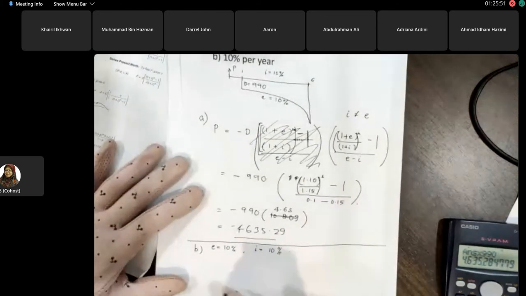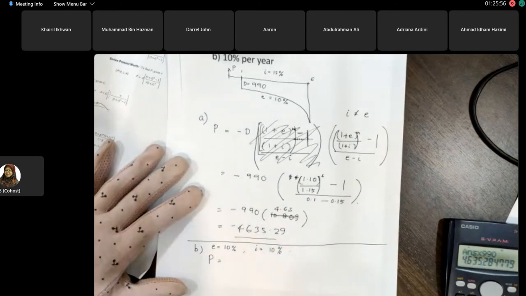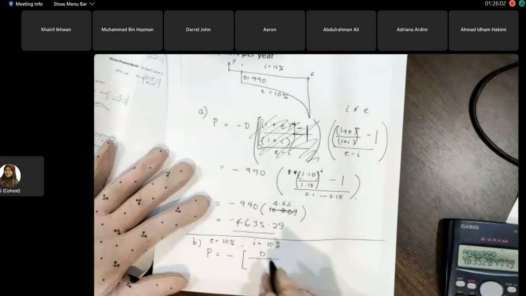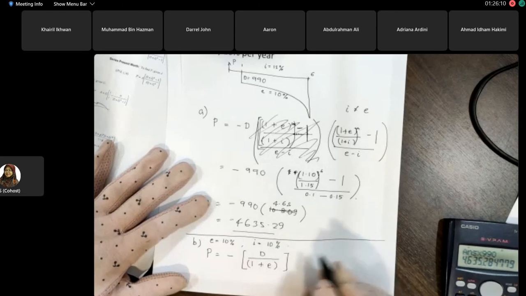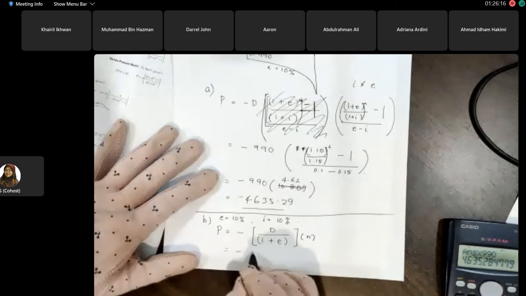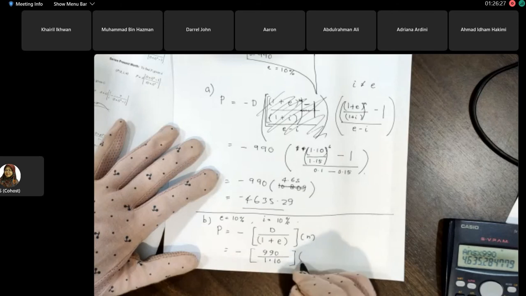So you will use the formula P equal to negative E over 1 plus E. Ingat kalau salah cakap, 10 times n. So negative yang ni 990 per 1.10 and dia ialah 6.